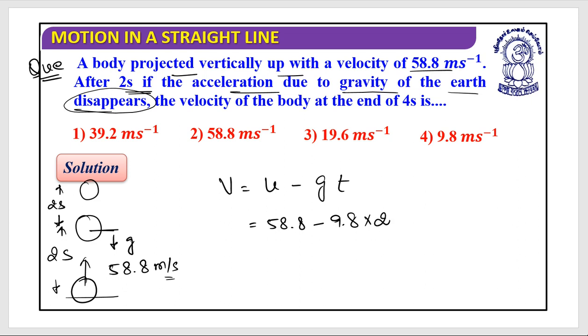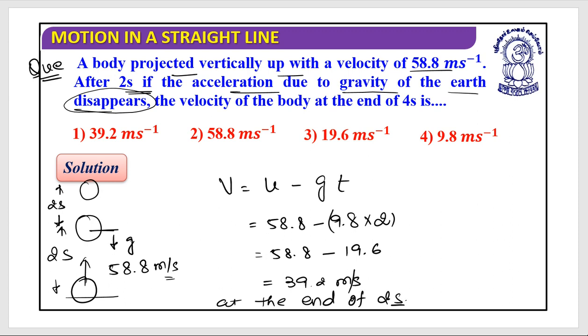So it is 58.8 minus 9.8 into 2, which is 58.8 minus 19.6. If I subtract that, it is 39.2 meter per second. This is the velocity of the particle at the end of 2 seconds.